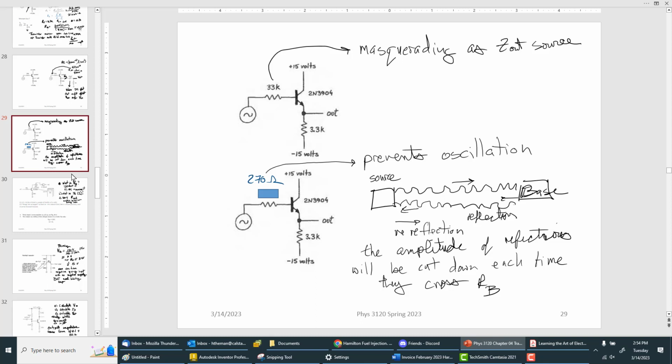So if I put in that resistor of 270 ohms, in the case of one reflection, the re-reflection, by that time it's passing through the 270 ohm resistor for the second time, and each time it gets its amplitude knocked down because there's a voltage drop across the 270 ohm resistor, and that tends to kill the oscillations.